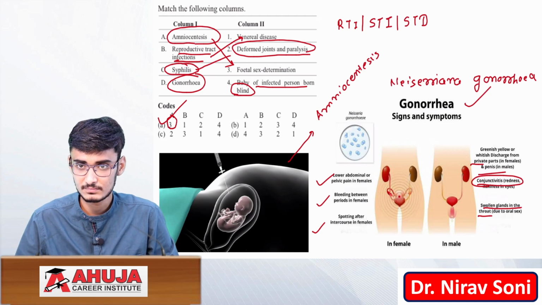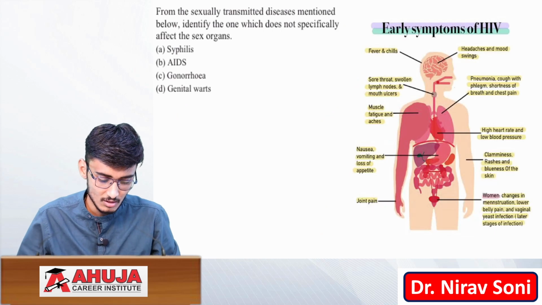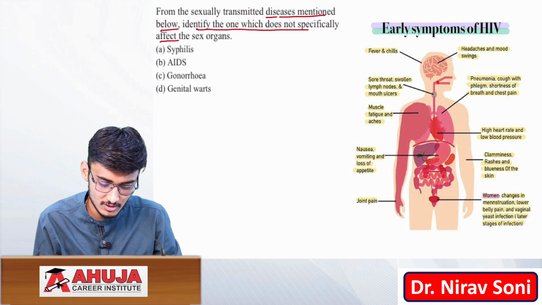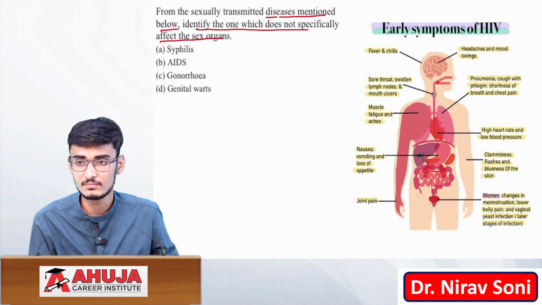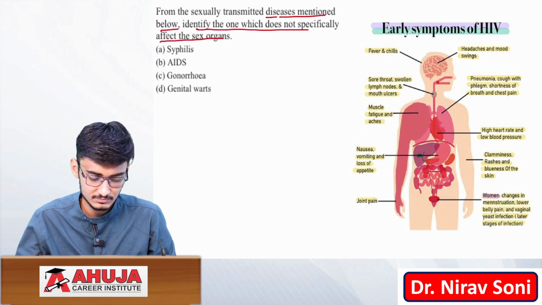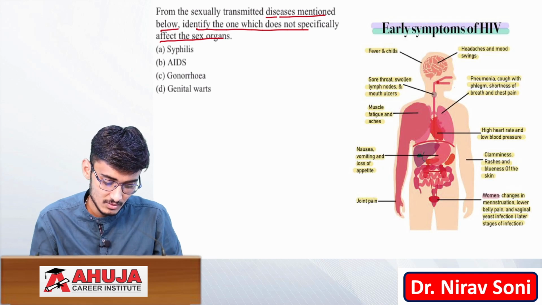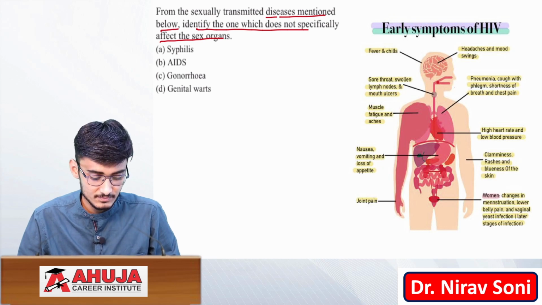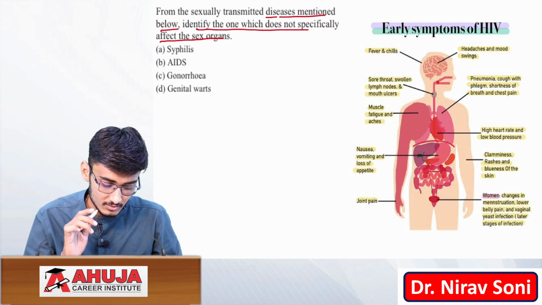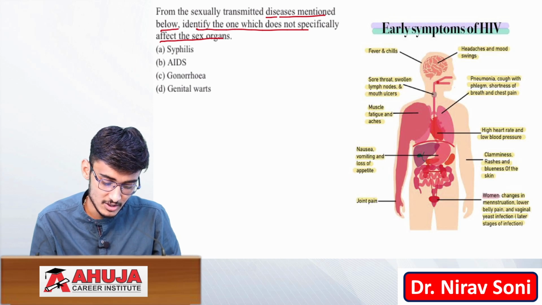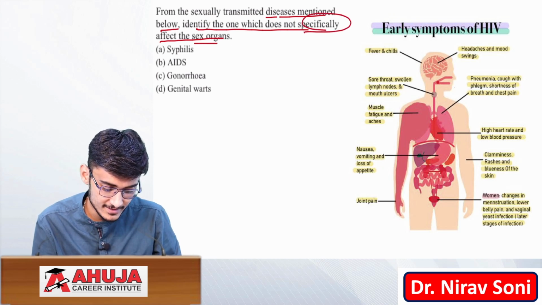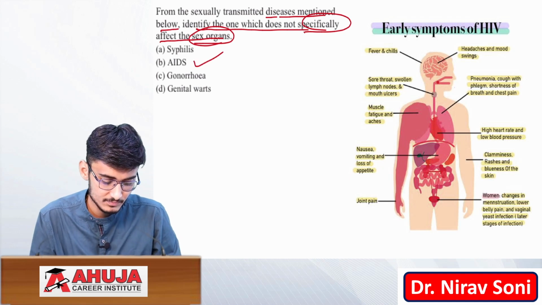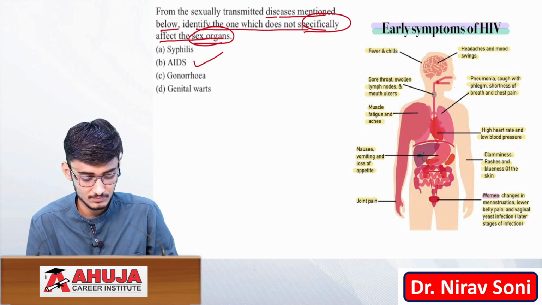Next, from the sexually transmitted diseases mentioned below, identify the one which does not specifically affect the sex organ. Syphilis, AIDS, gonorrhea and genital warts. Option B, AIDS, acquired immunodeficiency syndrome.